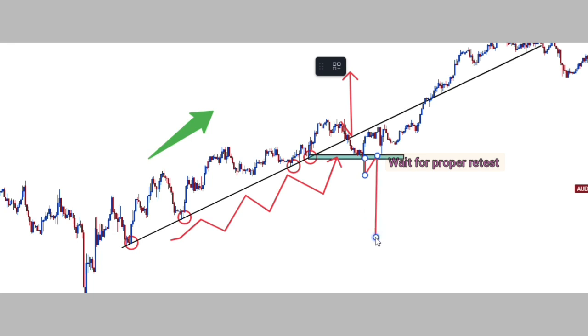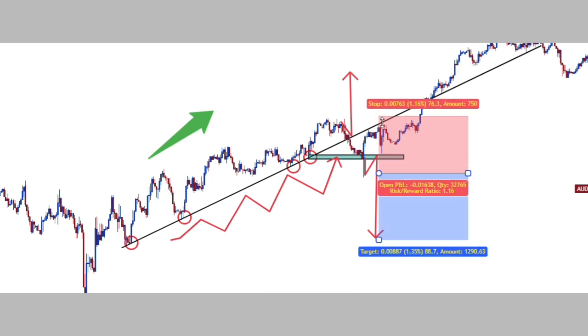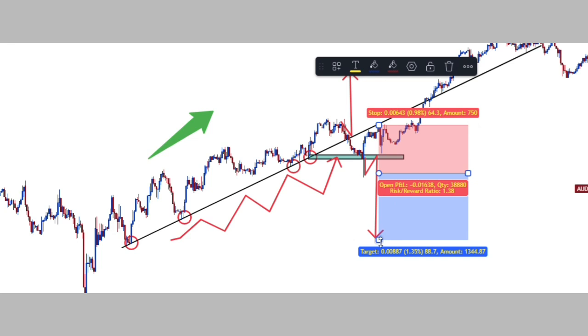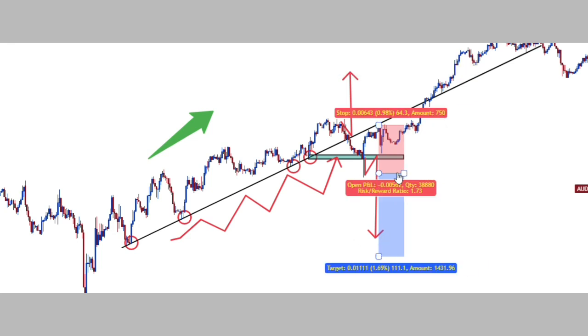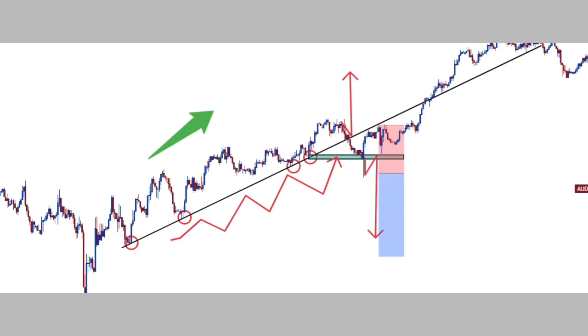So you would place your sell orders after a confirmation here. That's how you would win if this market were to head downwards. You would place your trade here. You sell from here, but it did not get here anyways.